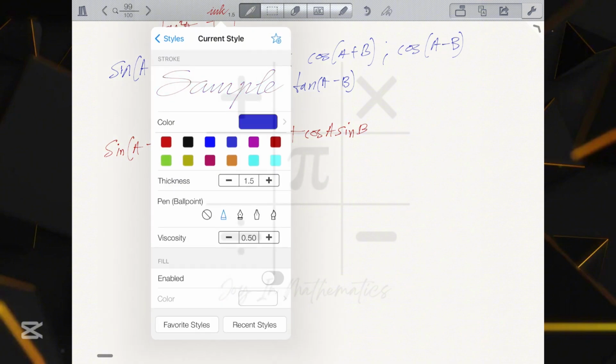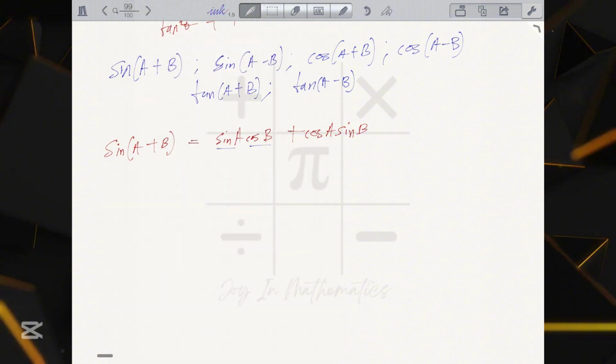We notice that we have sine A cos B, then the same A is changed to cosine, and B, which was cosine first, is now sine. So we have sine A plus B equals sine A cos B added to cos A sine B.